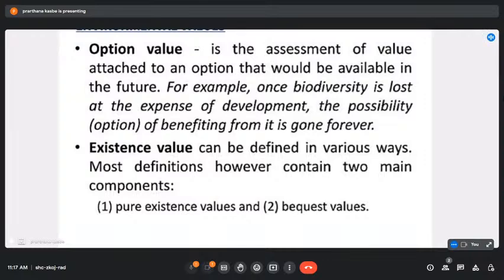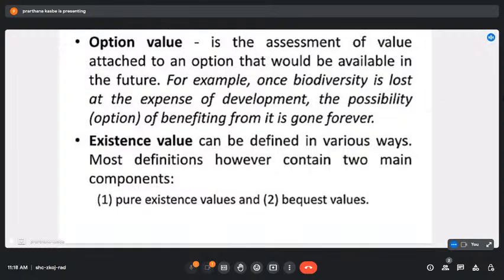For example, once biodiversity is lost at the expense of development, the possibility of benefiting from it is gone forever. एकदा जर आपली जैवविविधता याचा नाश झाला तर मग त्याचा जो काही आपल्याला मिळणारा बेनिफिट आहे तो सुद्धा मिळणार नाही. त्याला आपण ऑप्शन व्हॅल्यू म्हणू शकतो.